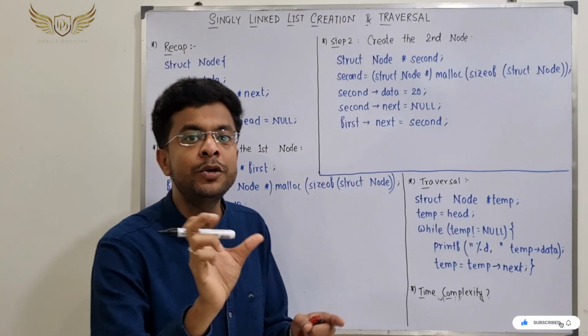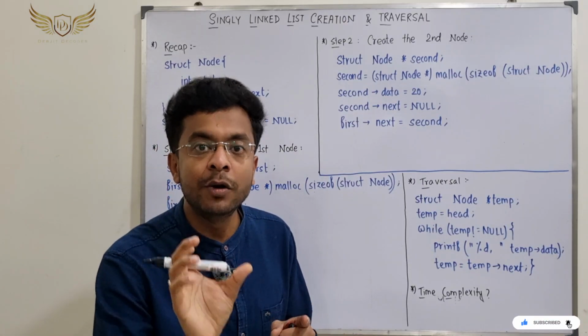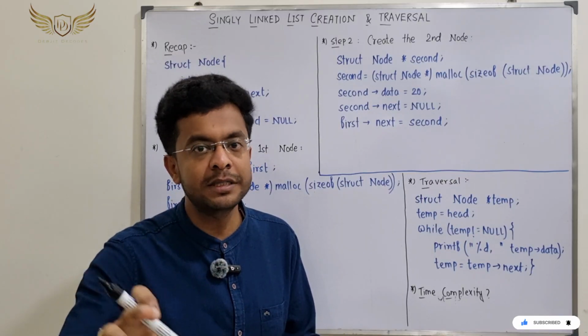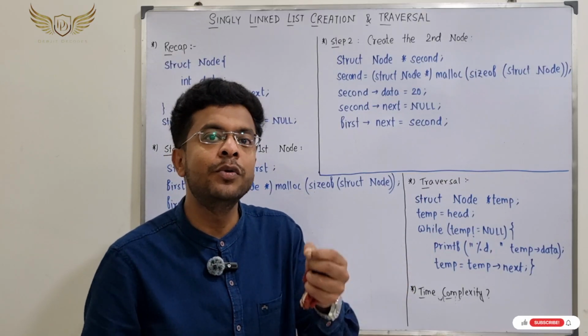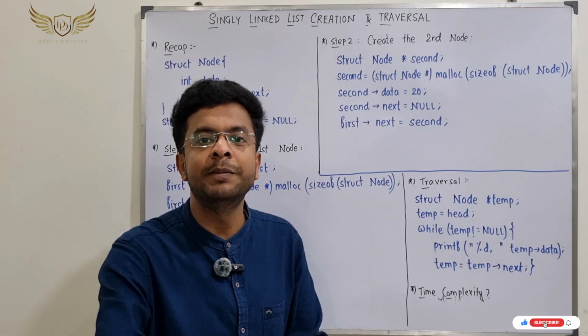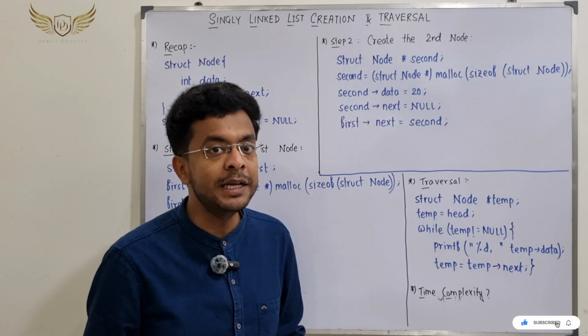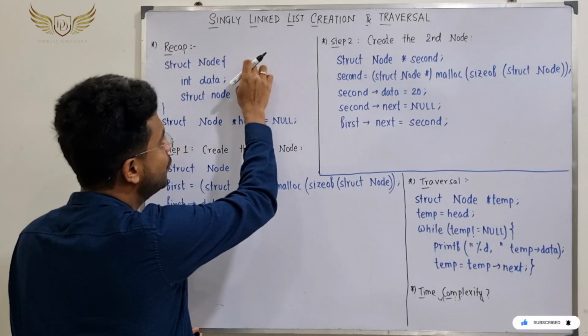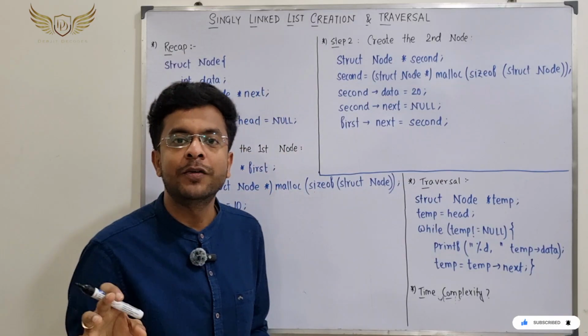And why do we need two things inside one node? Because in the case of a linked list, the memory is not contiguous, just like an array, where it was contiguous. So if you know the memory location of the first element, we can by default calculate the memory location of the second element. But here you cannot do that, because back-to-back nodes do not have the same kind of location, right?